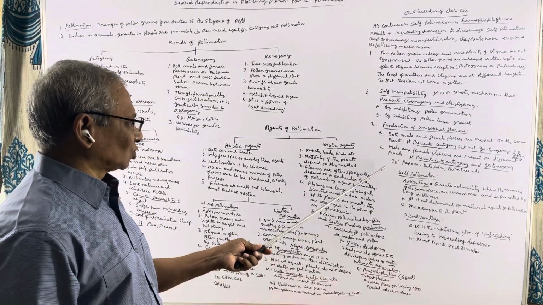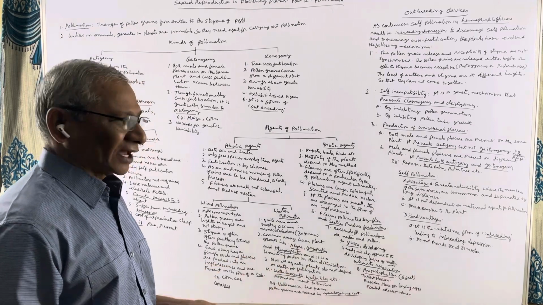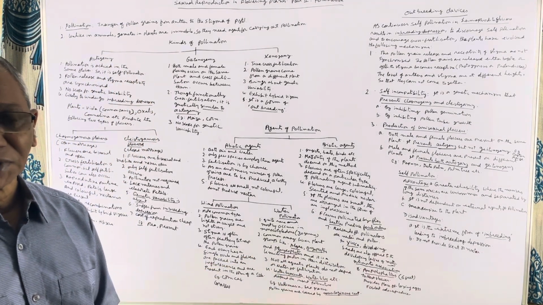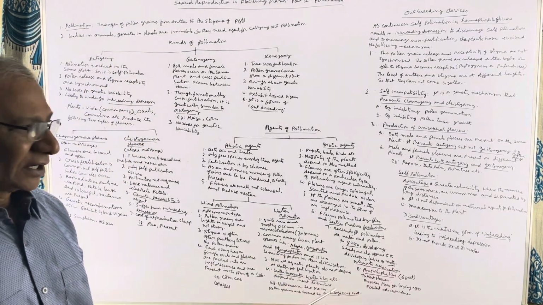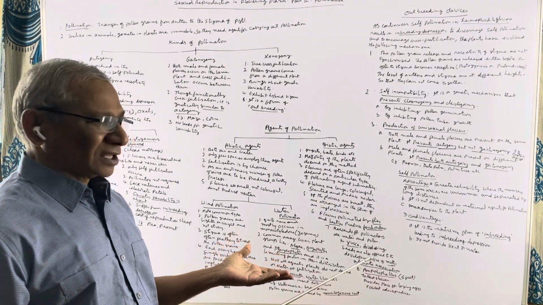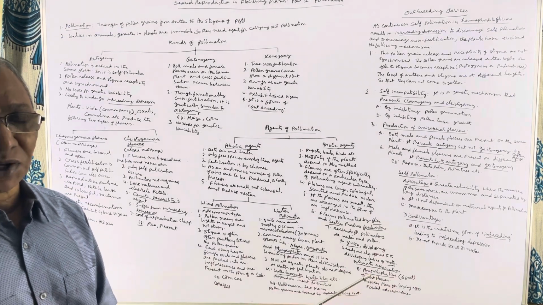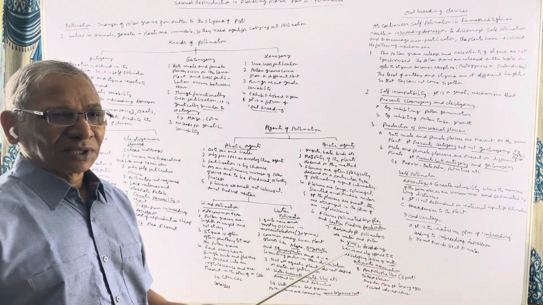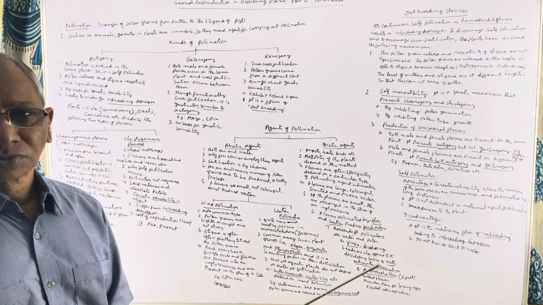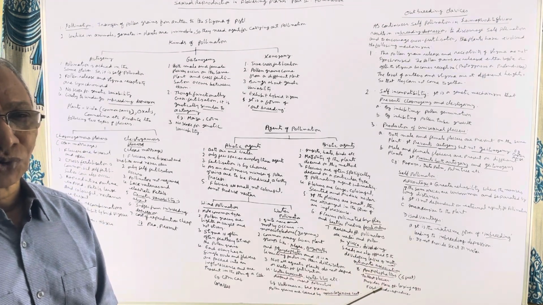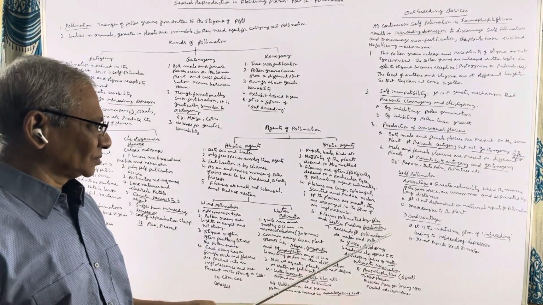Then, I have told you, self-pollination has many disadvantages and a few advantages also. Disadvantages mean it brings about no genetic variability. Without genetic variability, they suffer from inbreeding depression. And it also does not contribute to the process of evolution.